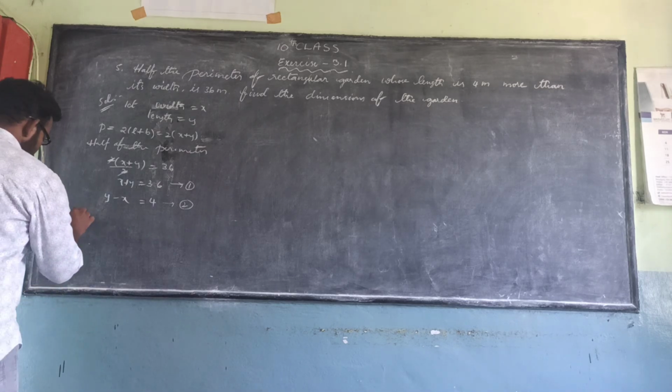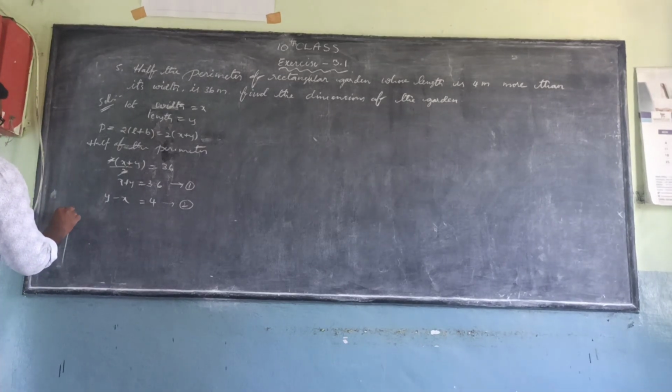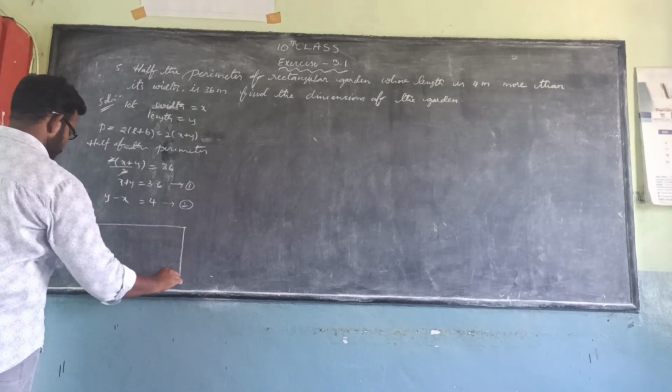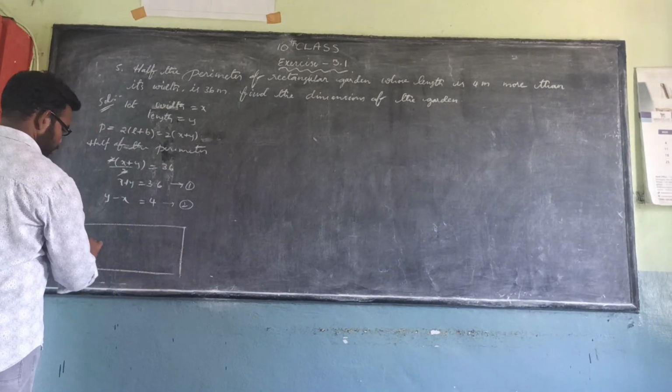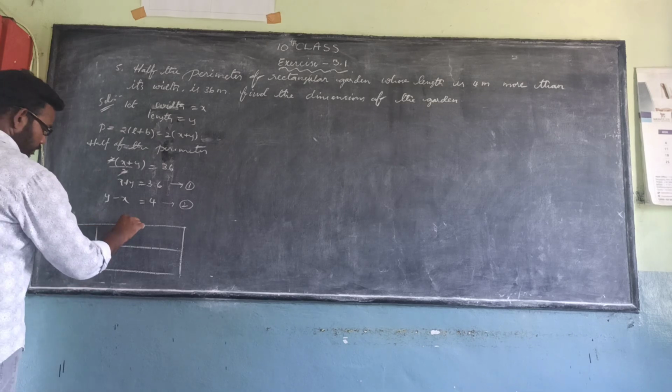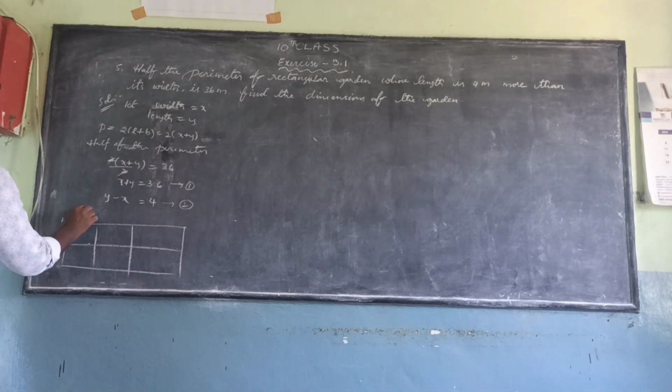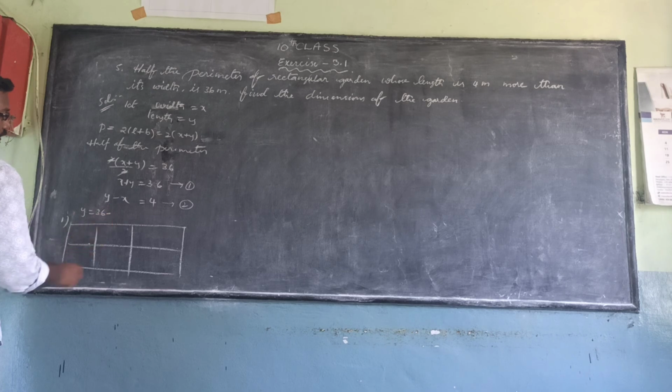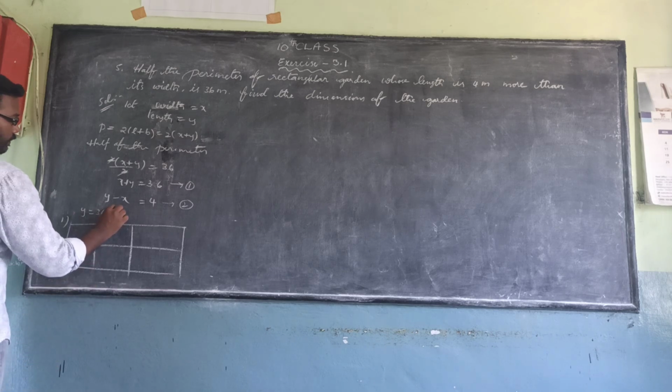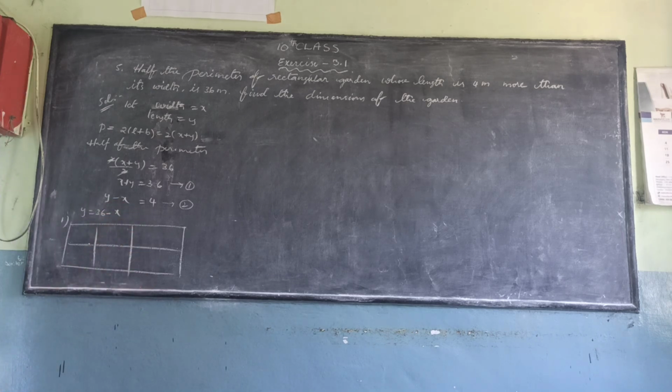So first of all, draw the tabular forms. First one: y is equal to 36 minus x.